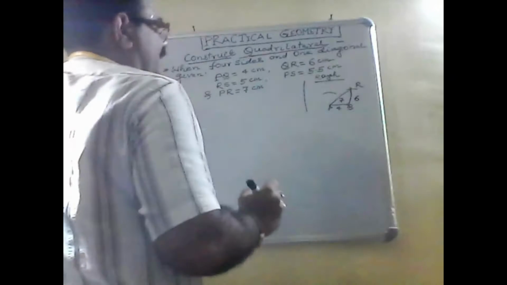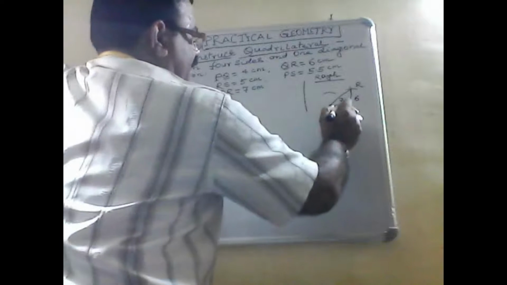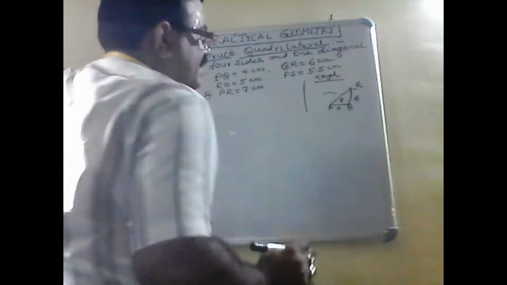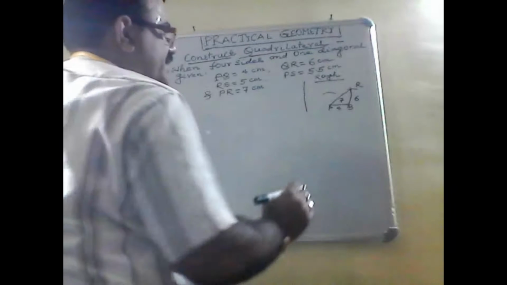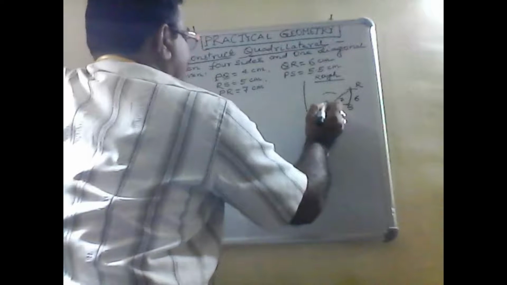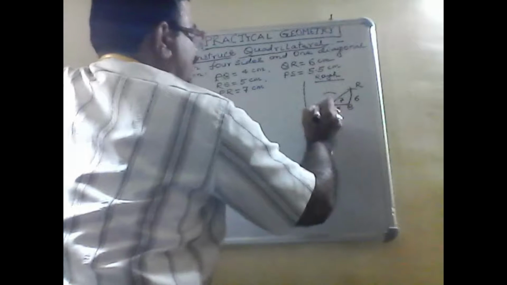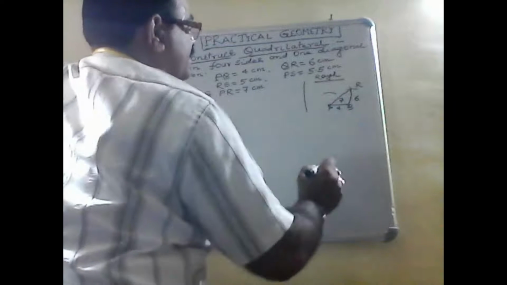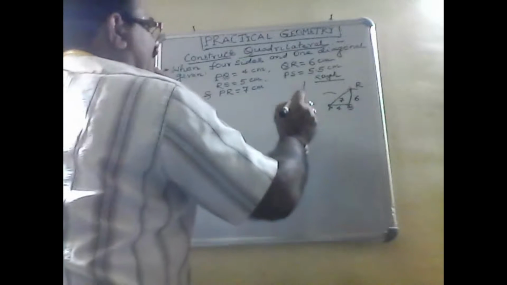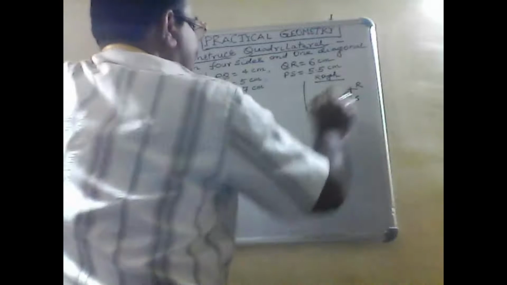Again, one thing you can think about here is that the construction of 2 sides and 1 diagonal has been completed. Now you think from here, SP has been given as 5.5 cm, so from P you cut 5.5 cm, and for the other part, SR has been given as 5 cm.